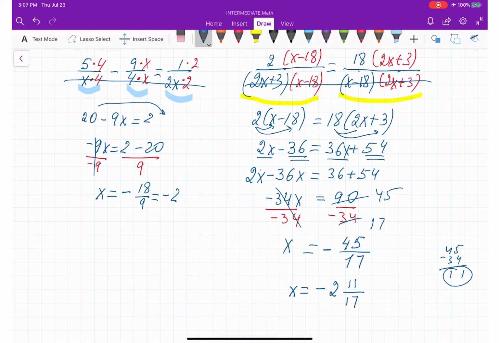Again, you divide 45 by 17. The whole number we take out, here it is, the whole number 2. The remainder is going to be 11, 45 minus 34. The remainder comes to the numerator and the denominator always stays the same. All right? Okay, moving to the next one.